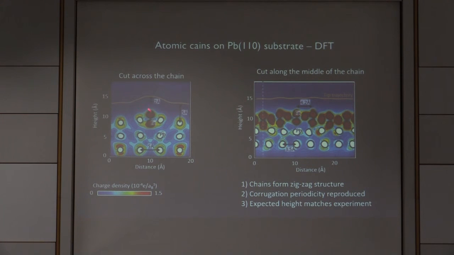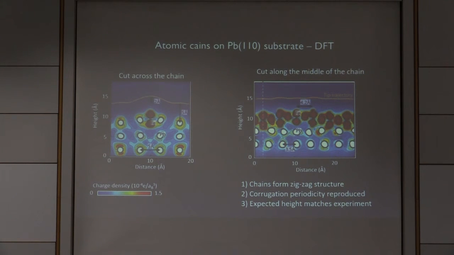So you end up with this zigzag structure which reproduces well basically all the features observed in the topography. So you have 2 atoms high, then 1 atom, and 2 atoms, and 1 atom, and the distance between these atoms here is experimentally measured to be 4.2 angstroms.